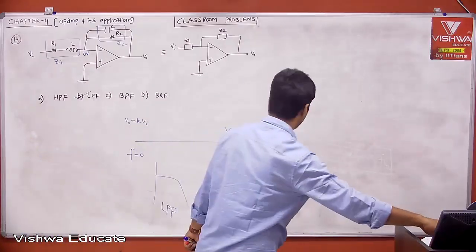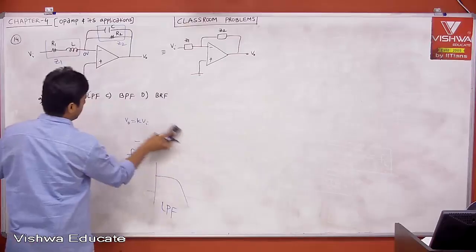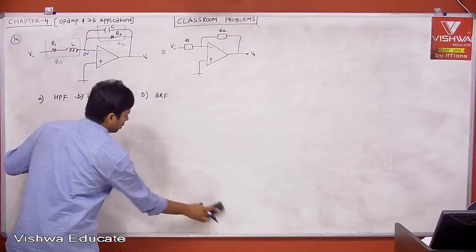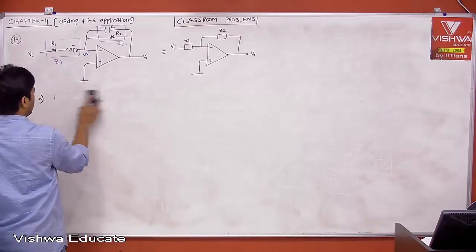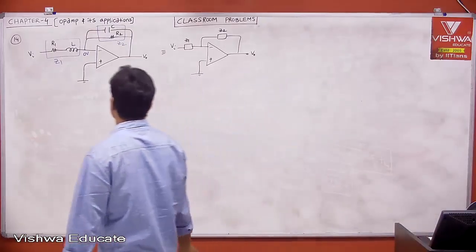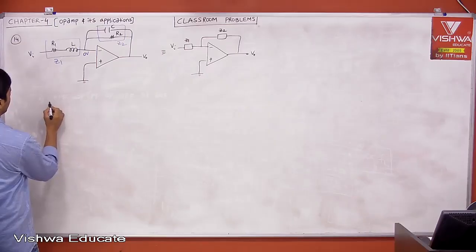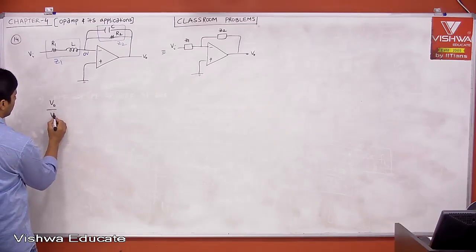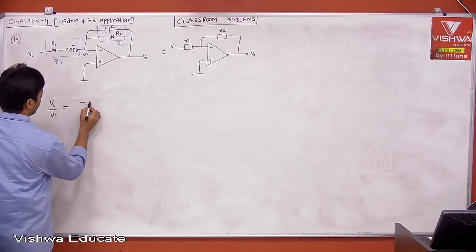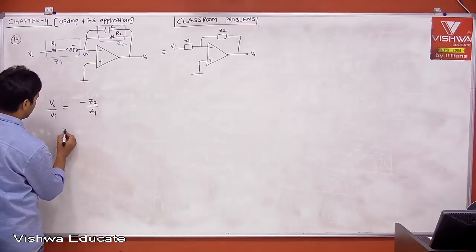That's it. Therefore, V0 by Vi is equal to minus Z2 divided by Z1.